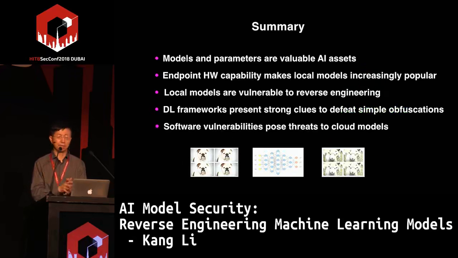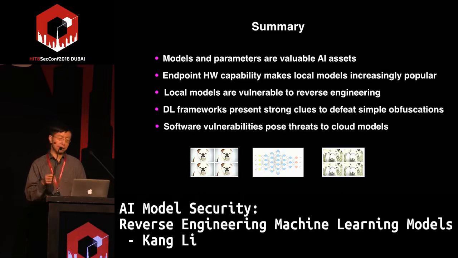So to summarize in a few sentences, first I want to really emphasize that the data, the model, and the parameters are really valuable assets in the AI application. Lots of companies spend lots of effort to train them, but if you don't pay attention and don't protect them, if you put them as part of your application, you might just give them out to others.